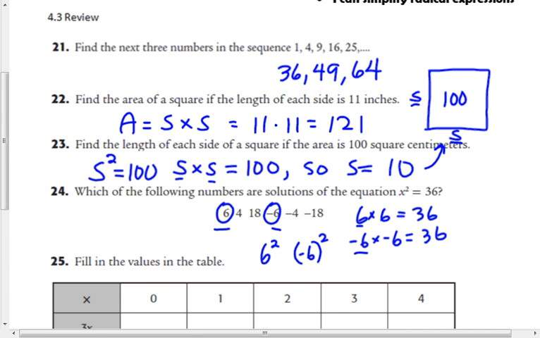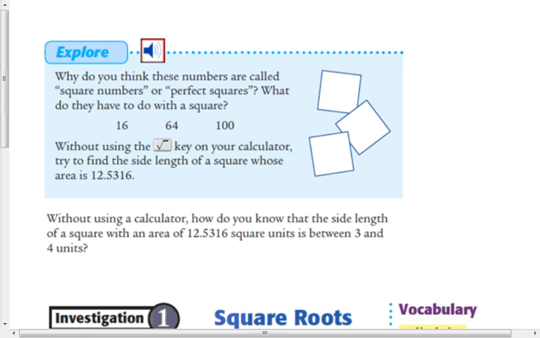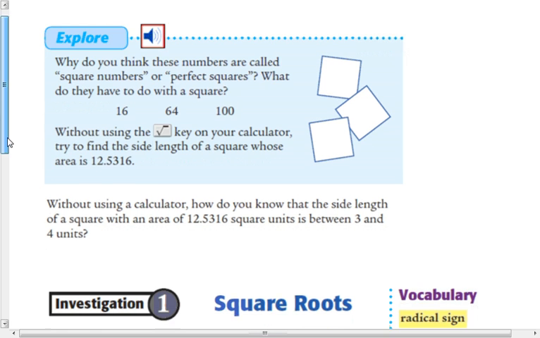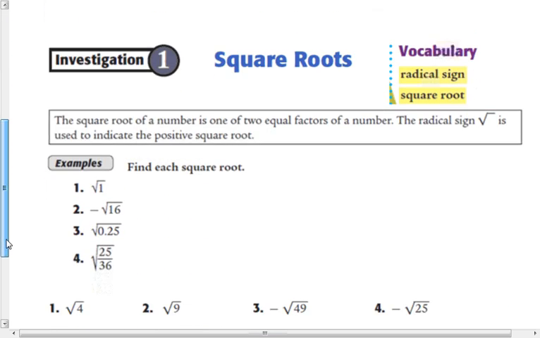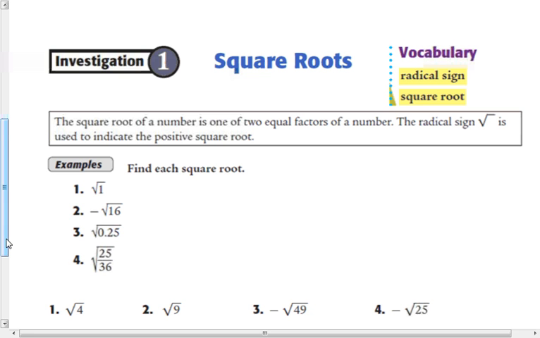All right, we're going to move on here. Some of you may remember that the way we find a number multiplied by itself that equals something is we use this thing called the square root. So if I put, let's say, x in here, what this is telling me is that the square root of x is the number multiplied by itself that equals x.